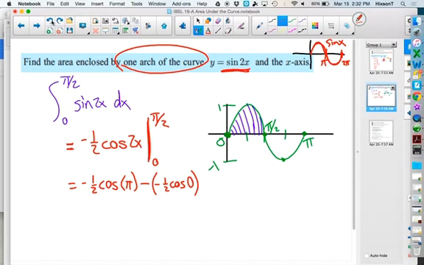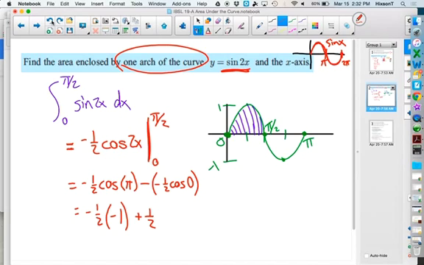And here's where you've got to know your unit circle. What's the cosine of pi? Negative 1. Okay? Plus 1/2.